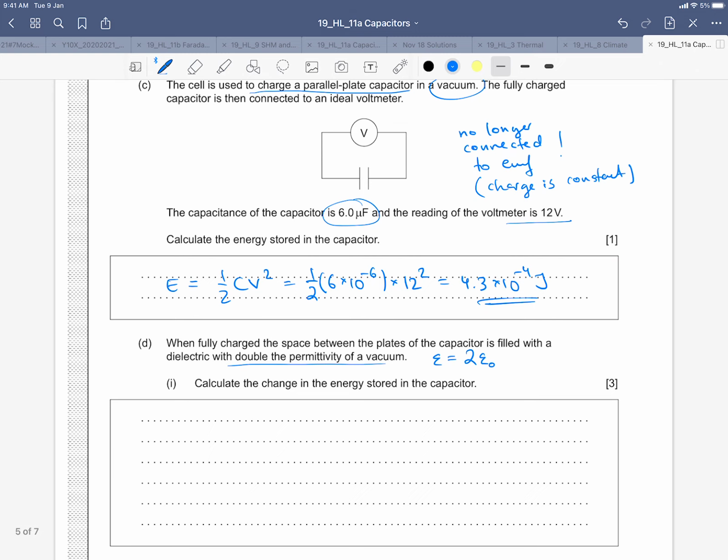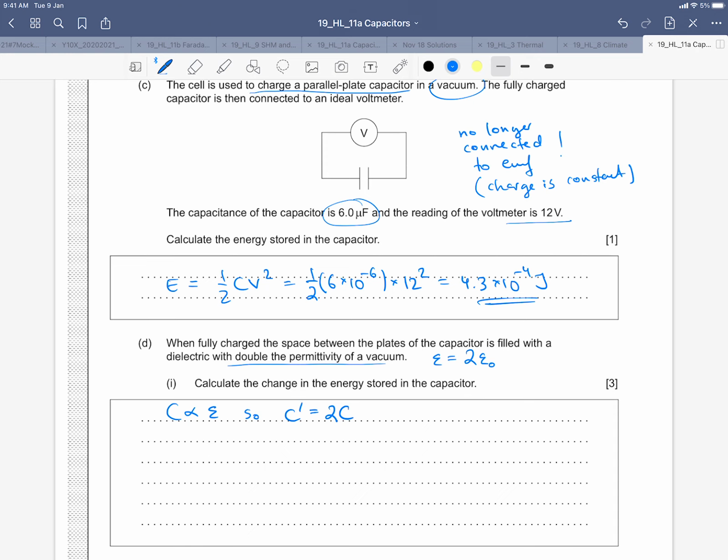Now it's important to know that the capacitance is proportional to epsilon. So if we double epsilon, then we are doubling the capacitance. The new capacitance is going to be 2 times the previous one. So we can work out how the voltage changes.